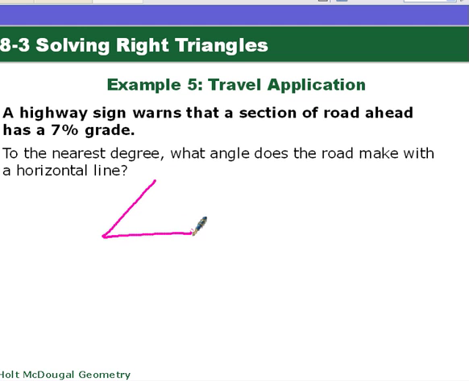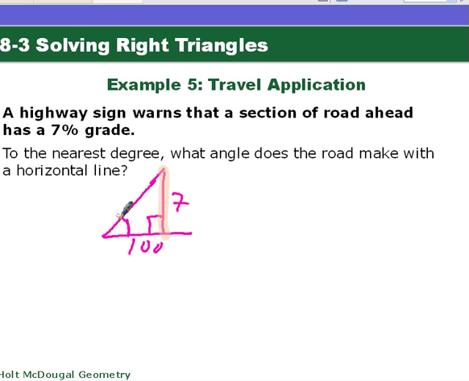So if this is 7 and this is 100, okay, so my rise is actually here, as Miss Aiken was pointing out, not over here. But the angle is right here. I can find that. How are we going to find it? Well, it's going to be an inverse trig function.